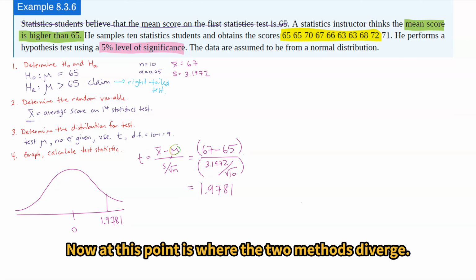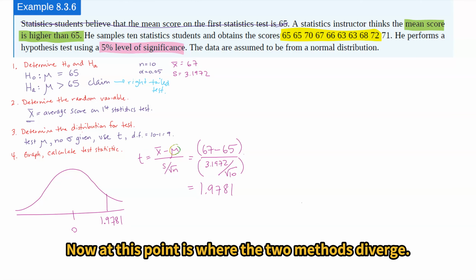Let's start out with the traditional method, and we're going to compare the critical value to the test statistic. Test statistic is here. I already have. The critical value is coming from alpha. So I need to go over to Excel and calculate t dot inverse.